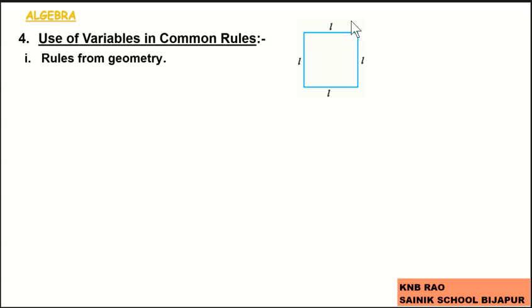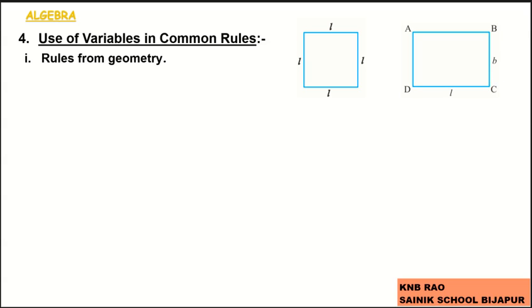Here L units is a variable which represents some number. We have another example. If you want to find the area of a rectangle, you will use its length and breadth with variables such as L and B.